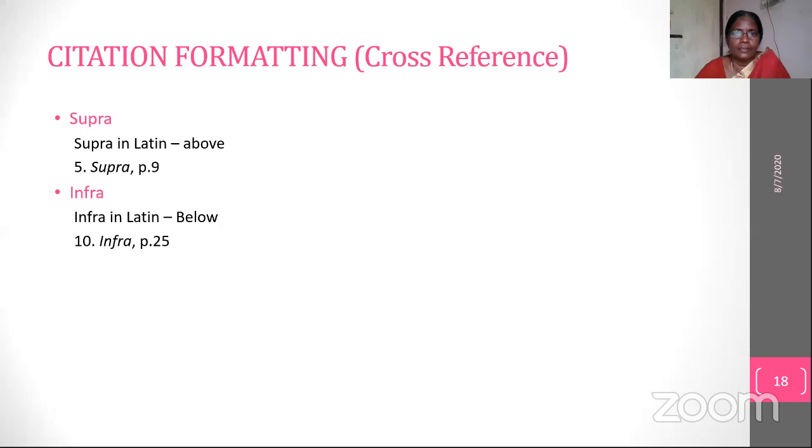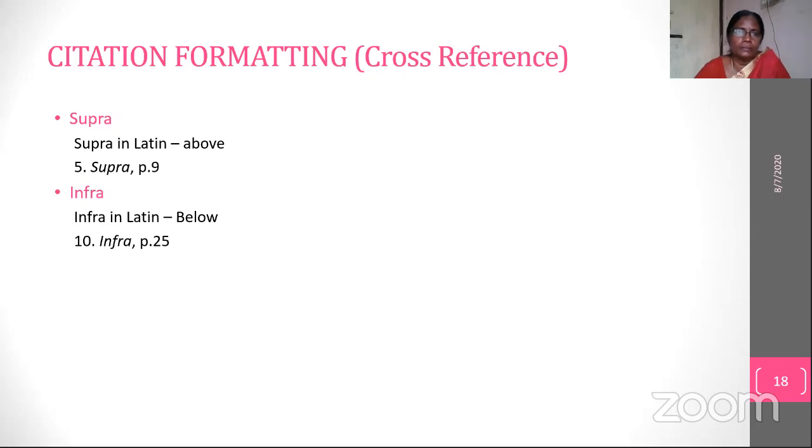There is a possibility of referring to our own paper in the footnote as well as in the endnotes. This is cross reference.